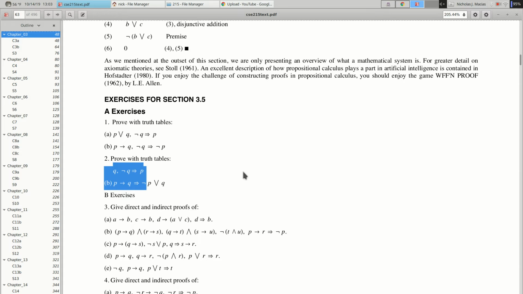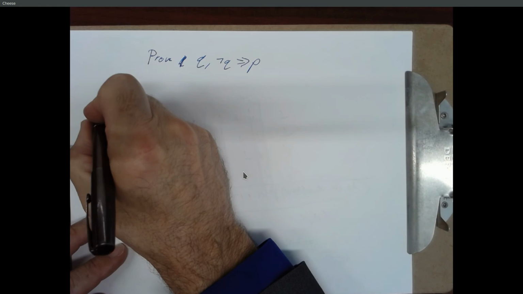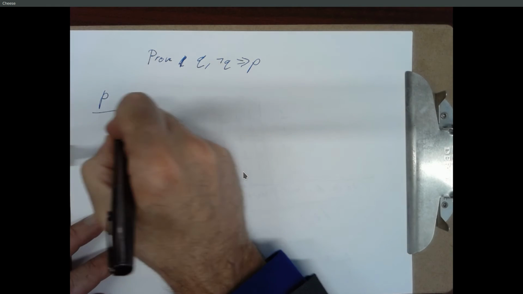Okay, let's see. This is a sneaky one. Okay, so prove Q, not Q implies P. So let's make our truth table.